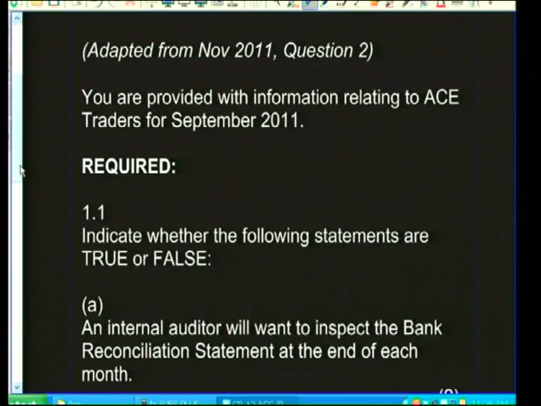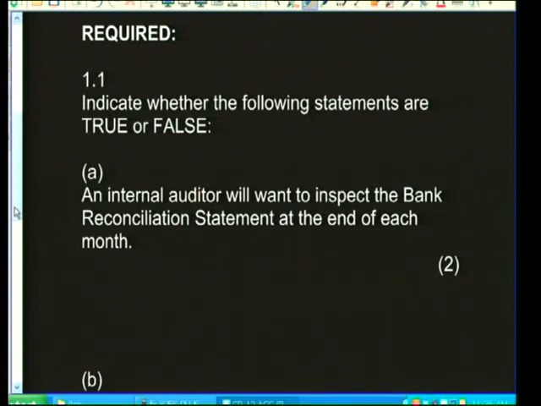You are provided with information relating to Ace Traders, we know that, for September. And the question starts off by saying required 1.1. Indicate whether the following statements are true or false.